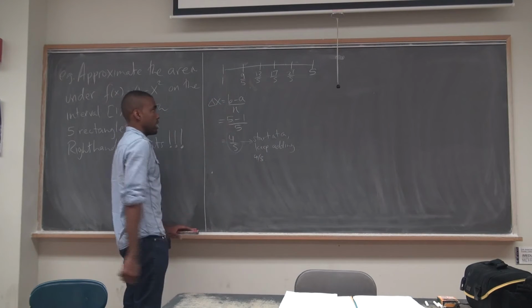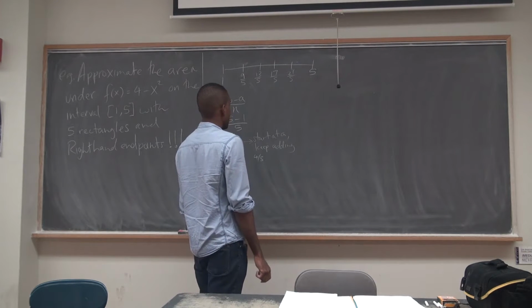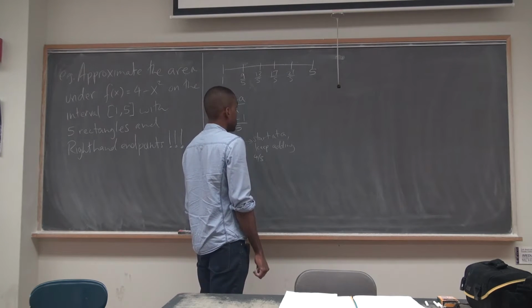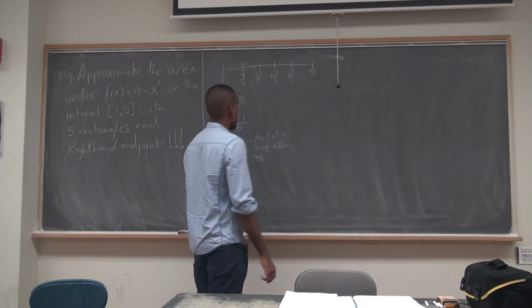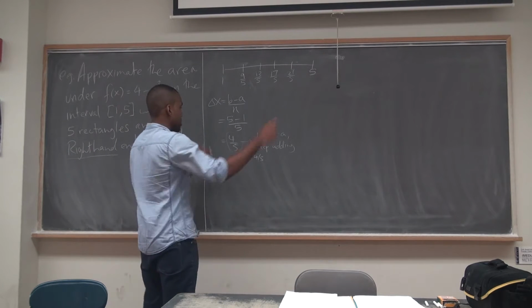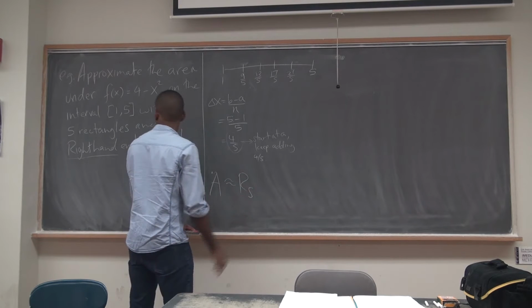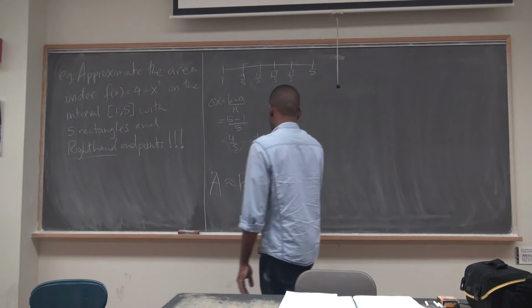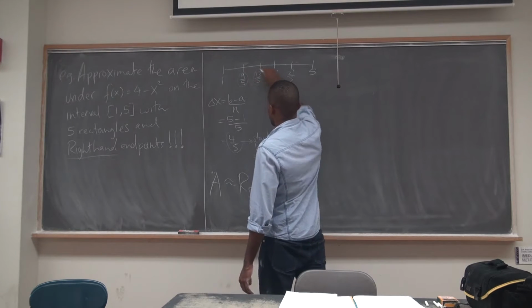Okay, after we do that, now what? You just plug those sub-intervals into your original function. The right endpoints, so everything except the first one. My area is approximately equal to R5, which is delta x times f of all the things on the right.